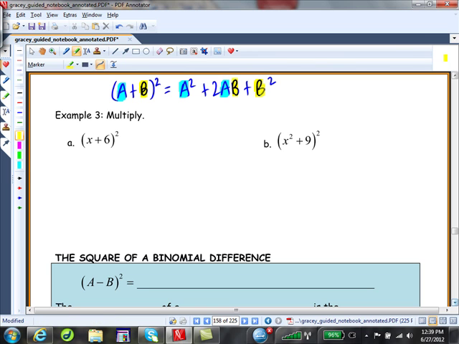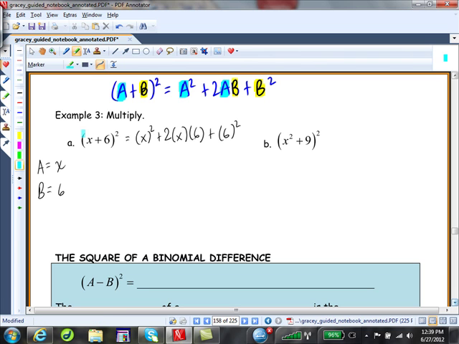Okay, so here we go. What is our A in this case? Good, A is x and B is 6. So this is going to be A squared, right? And then plus 2 times A times B plus B squared.